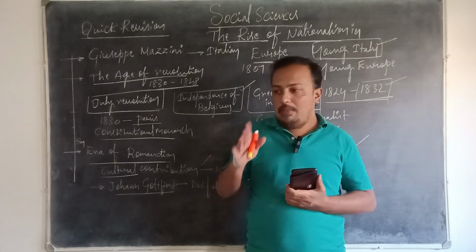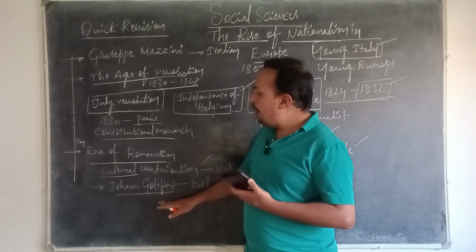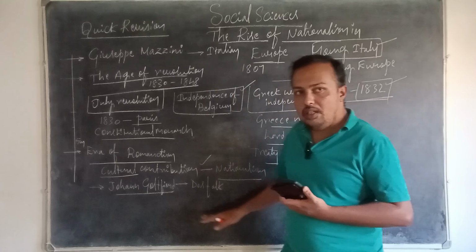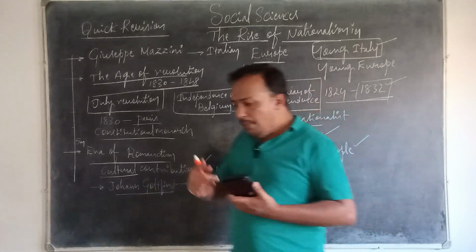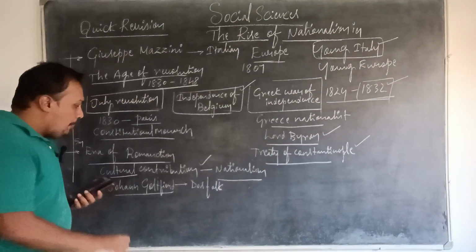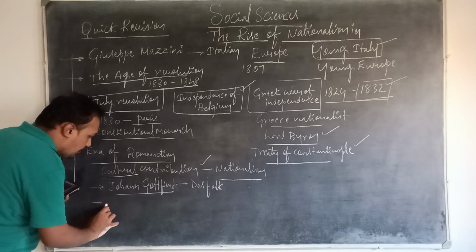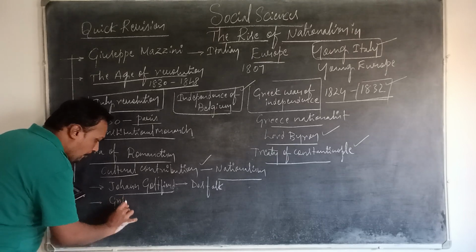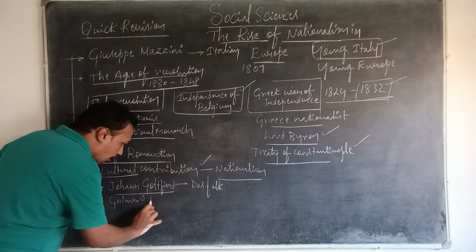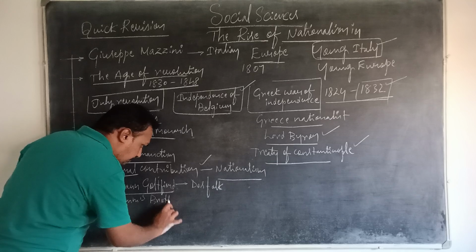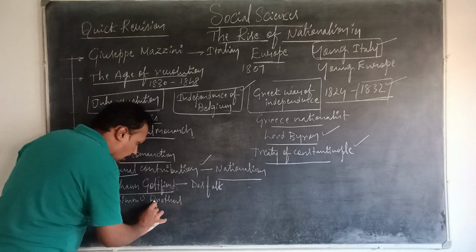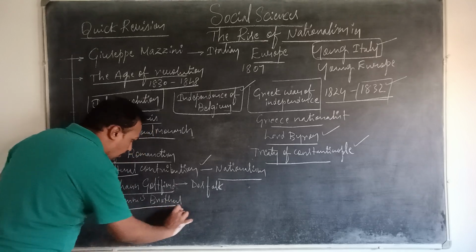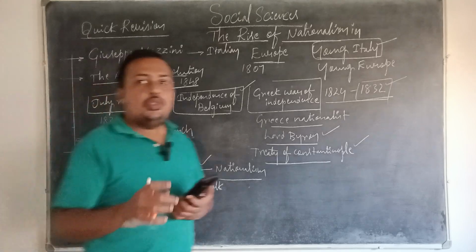It was the message, or it was said by whom? Said by Johann Gottfried Herder. He was a German philosopher. Grimm's brothers are very important. Two Grimm brothers were there. Who are the two Grimm brothers? William Grimm and Jacob Grimm.